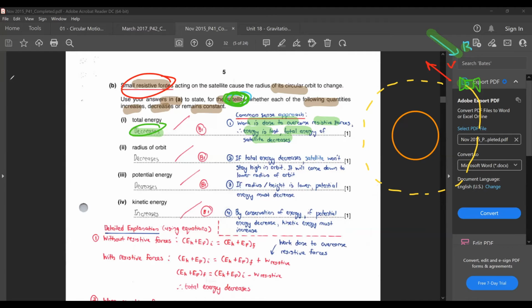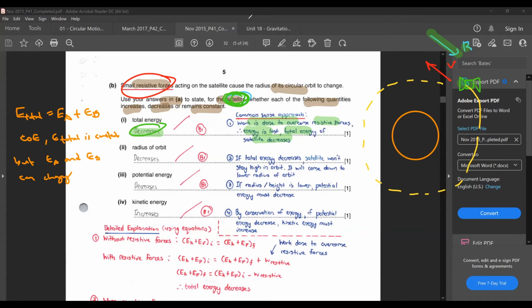If you're wondering what I'm talking about, you can think of it this way. If I tell you total energy is actually energy of object A and energy of object B, by conservation of energy, E total is constant, but EA and EB can change.